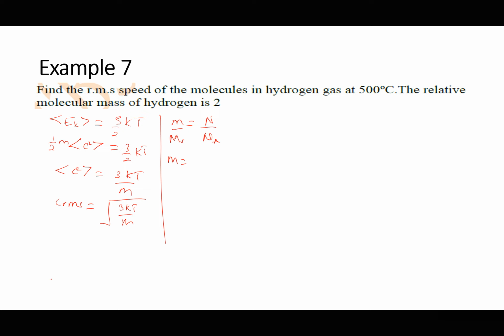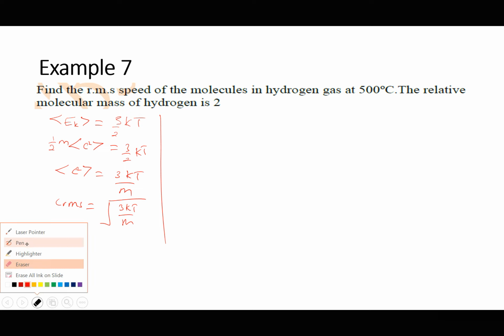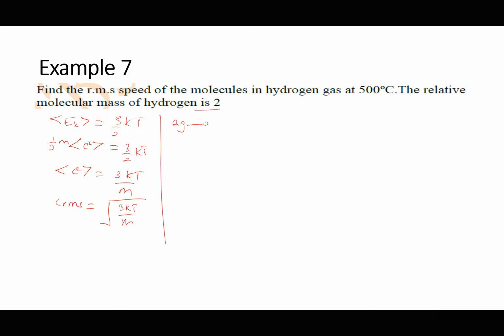Okay, so let me simplify this. Let me just do it like this for students to easily understand it. We want the mass of just one molecule. But 2 grams of hydrogen contains 6.02 times 10 power 23 molecules.